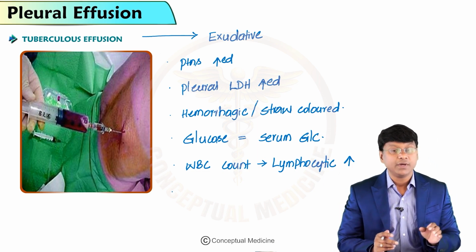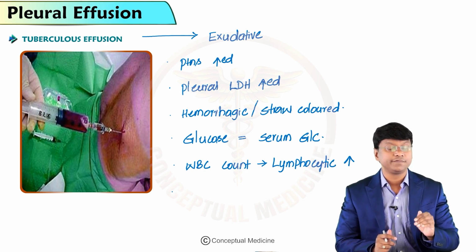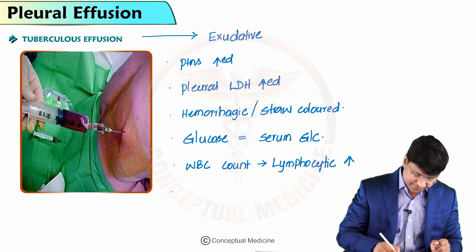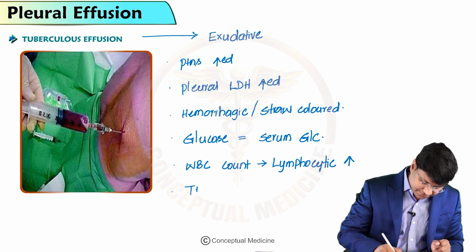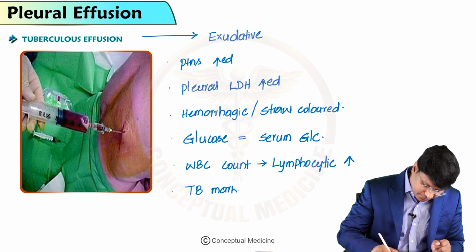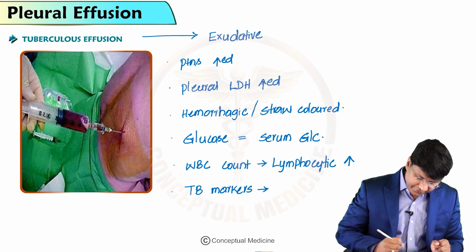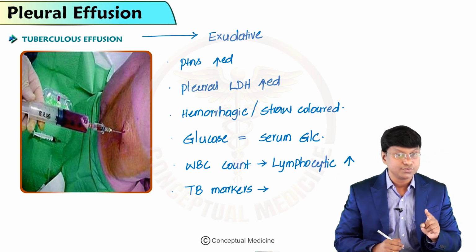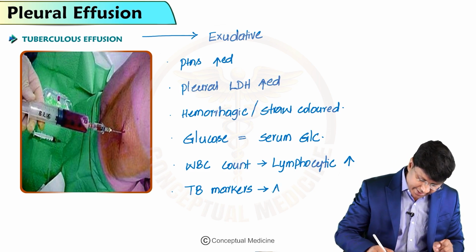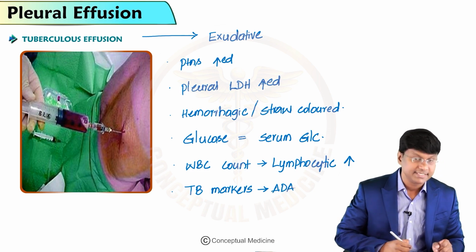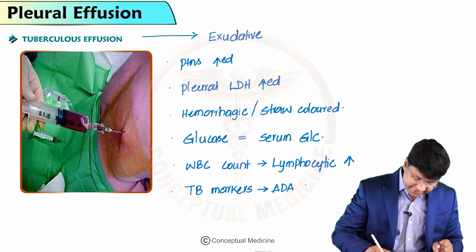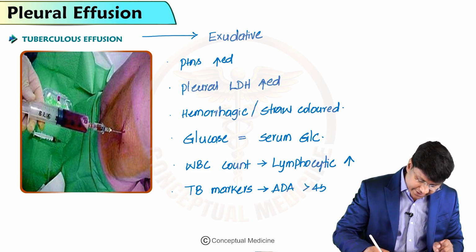And you have high levels of the TB markers. Now, what are the TB markers? These TB markers include, number 1, ADA, that is adenosine deaminase levels, which are elevated, more than 45 international units per liter.